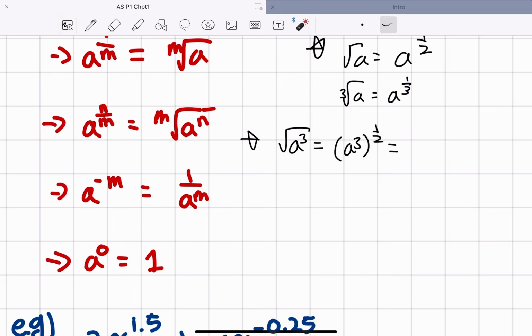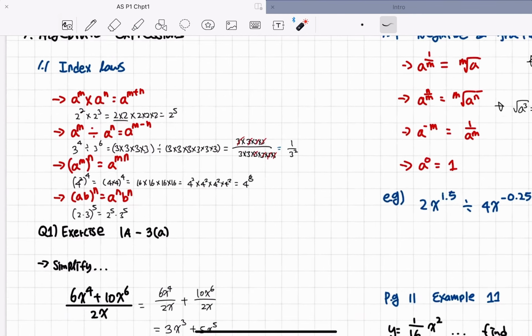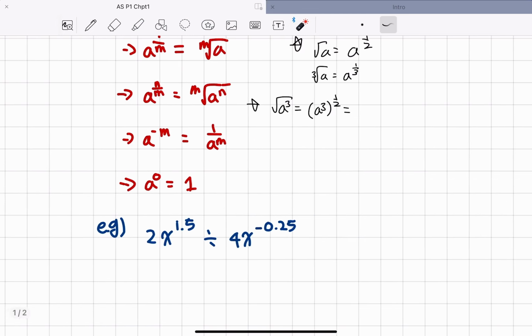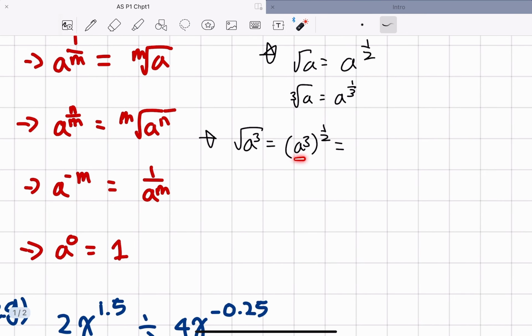And we can use the index law, a to the power of m to the power of n, which is a to the power of m times n, right? So if you use this one, then we can also write down a to the power of 3 over 2. So this one also makes sense, right?